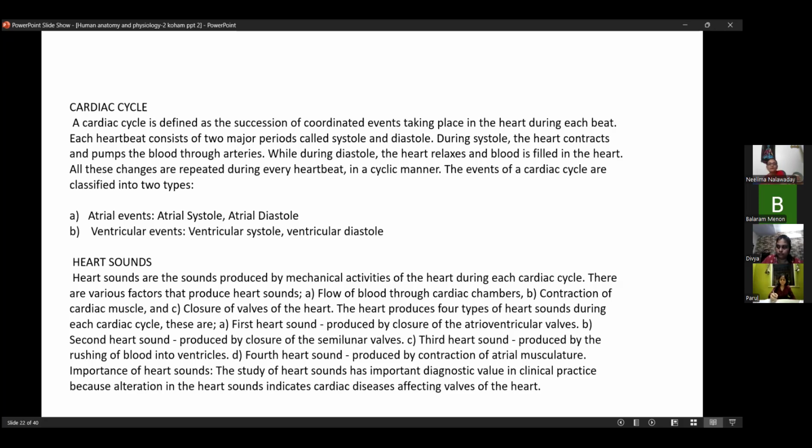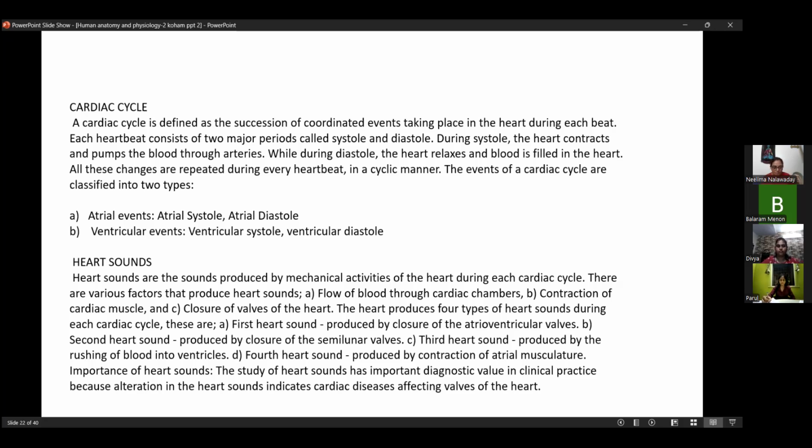So left ventricle is pumping blood through arteries. So we are measuring that systolic blood pressure. During diastole, the heart relaxes and blood is filled in the heart. During relaxation, atria push blood into ventricles.